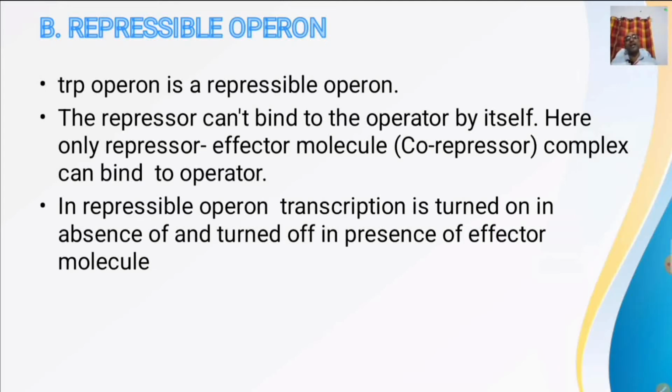In the case of the lac operon, when the effector molecule is present, the transcription is turned on. But when lactose is absent, the transcription is turned off. Just the opposite to the lac operon in the case of a repressible operon.